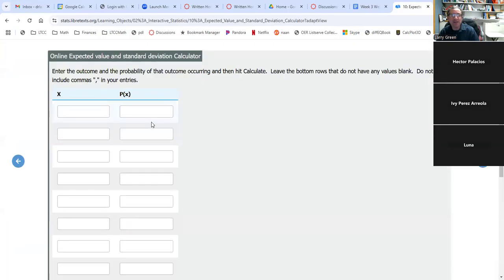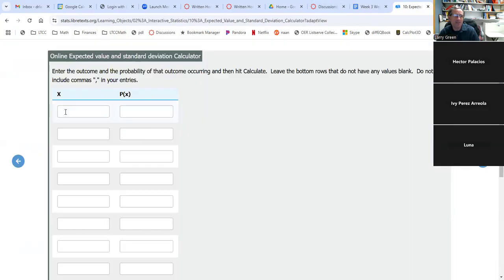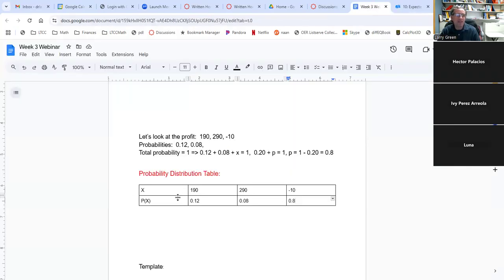And it's got x and p of x. By the way, you could either let it be columns or rows. It doesn't really matter for the x and p of x. This one uses columns just for space reasons, and in my example, I use rows for space reasons. So I got to remember my x was 190, 290, and negative 10, and the p of x was 0.12, 0.08, 0.8.